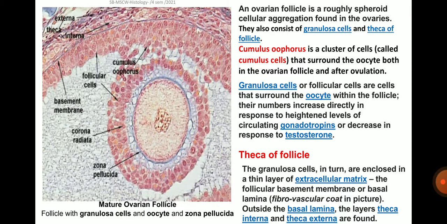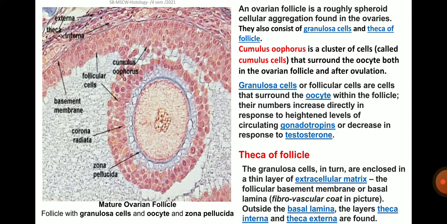So here is yet another diagram of the ovarian follicle, which is roughly a spheroidal cellular aggregation that's found in the ovaries. They also consist of cells called granulosa cells and theca of follicle.